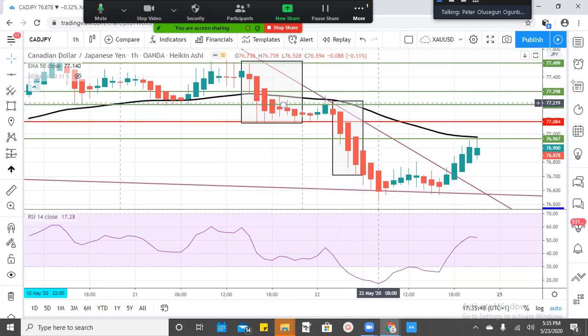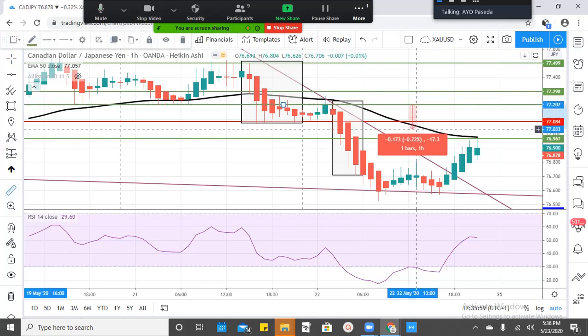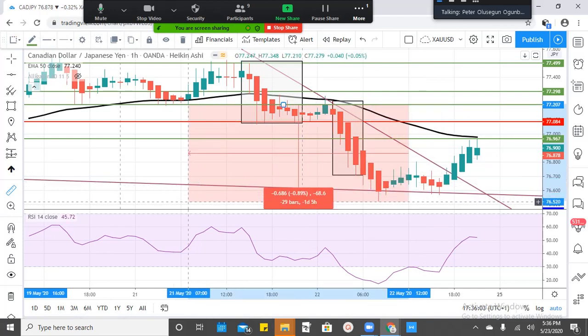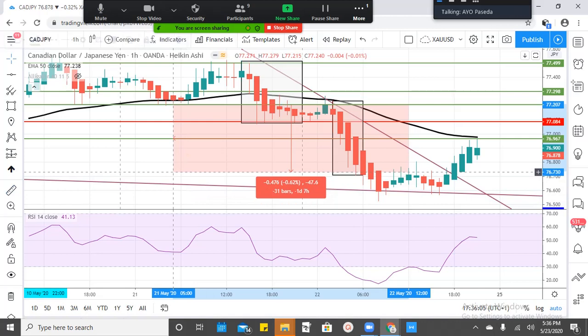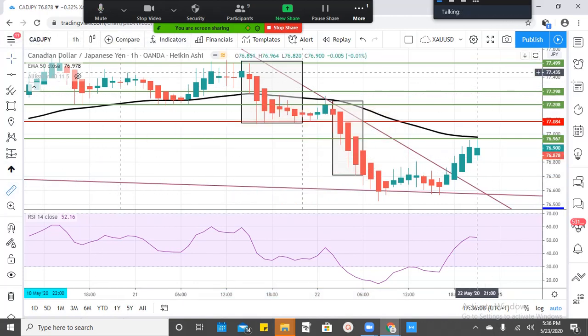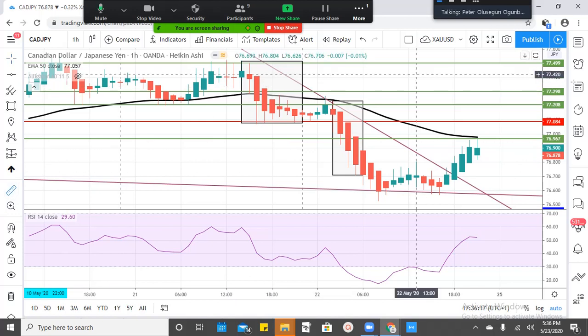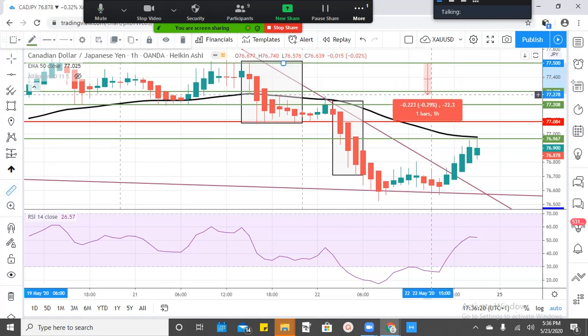So this would have been a very good point to enter, which is not too bad for anybody, and that would have fetched you from here to this level, which is about 68 pips, and you would have lost only 29 pips, less than 30 pips, which is okay, almost like double you have gained.